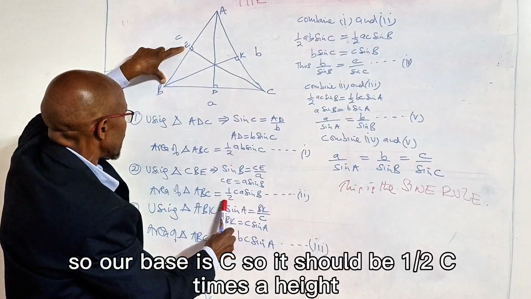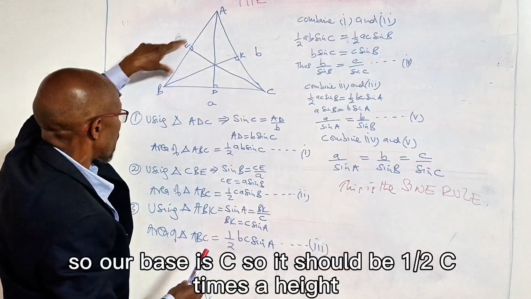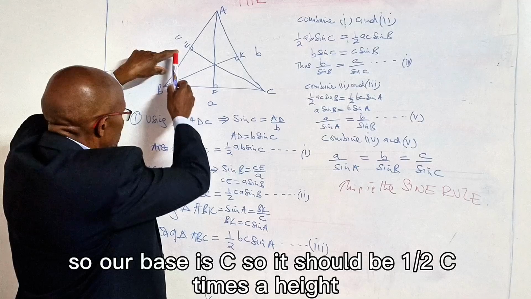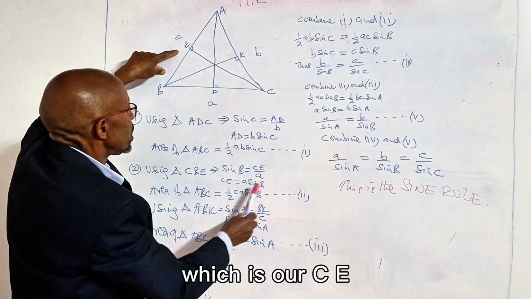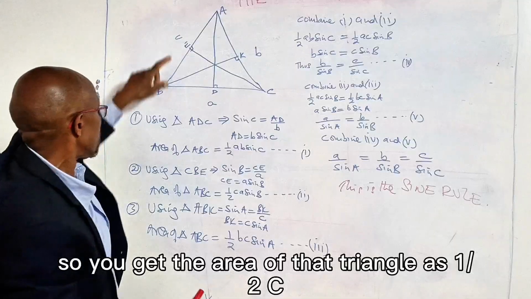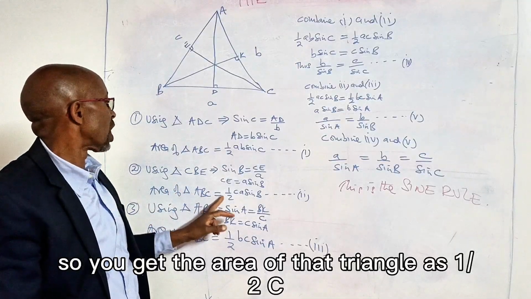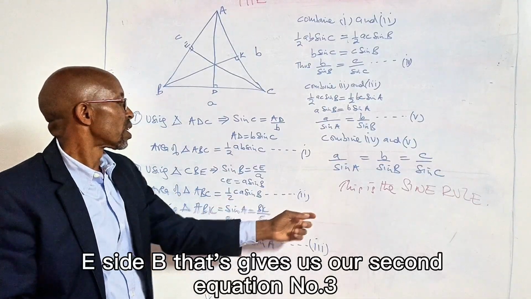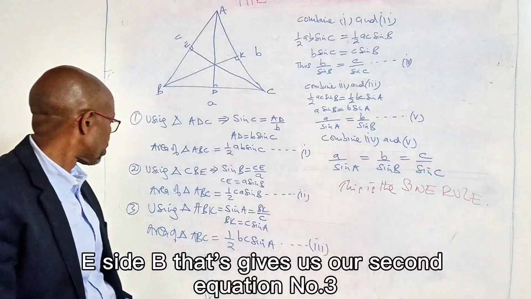So our base is C, so it will be a half C times the height, which is our CE, which is A sine B. So you get the area of that triangle as a half CA sine B. That gives us our second equation.